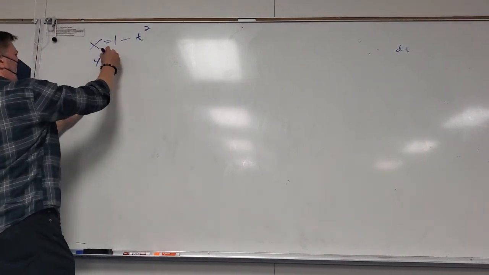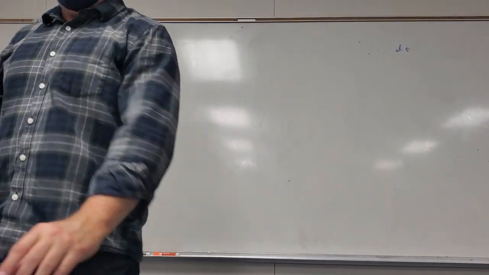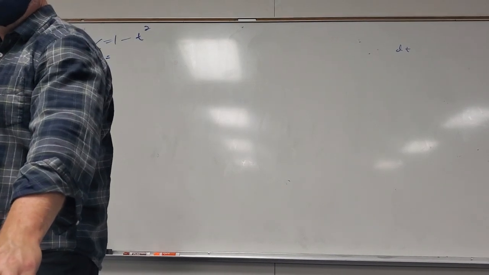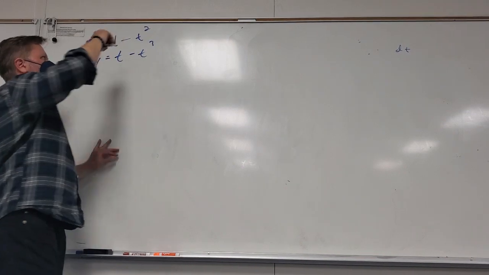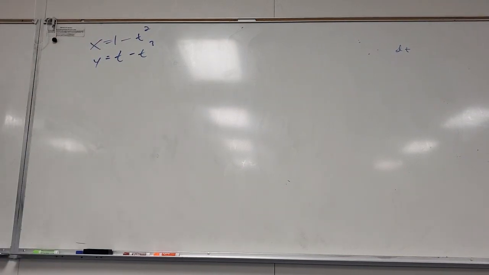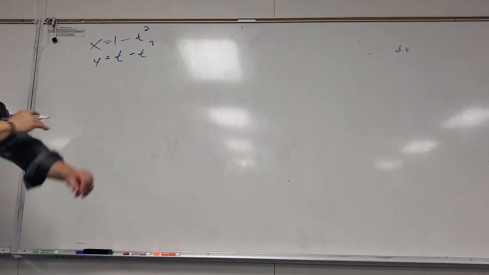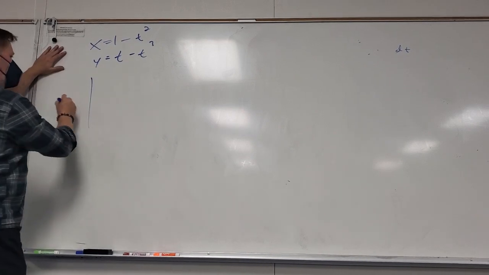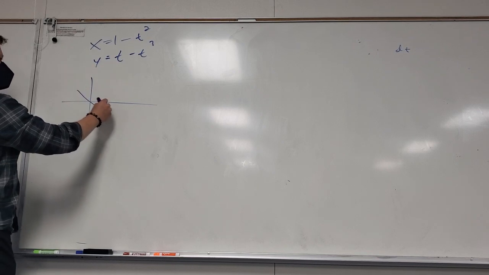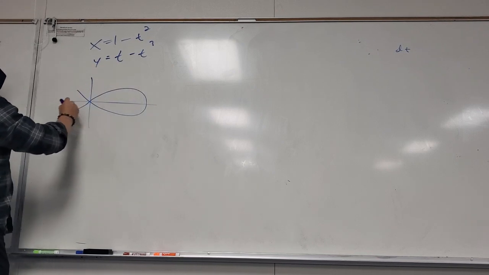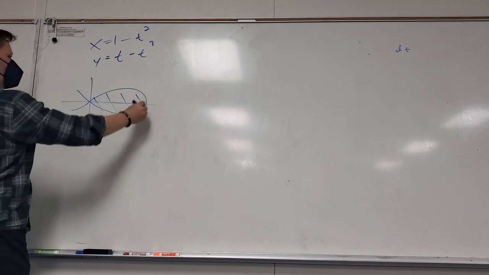Don't get old, kids. y equals a half, t minus t cubed, I think. And this is a little bit weirder. So if they graph it for us, they get something really nifty. So they want to know this area here.